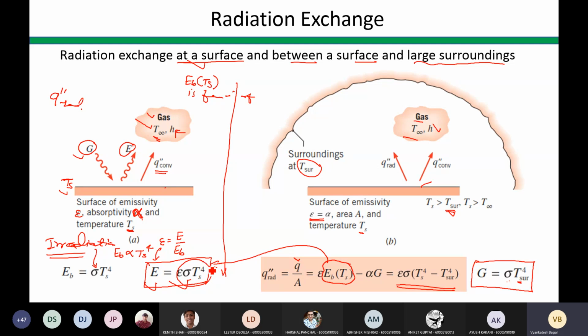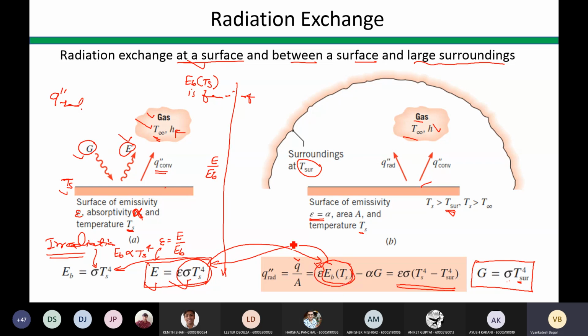So you will substitute this term here. EB will be replaced by sigma Ts raised to 4. And the relation between E and EB is known to us. If you want to find E, you have to multiply by this epsilon, so that's why epsilon is there.